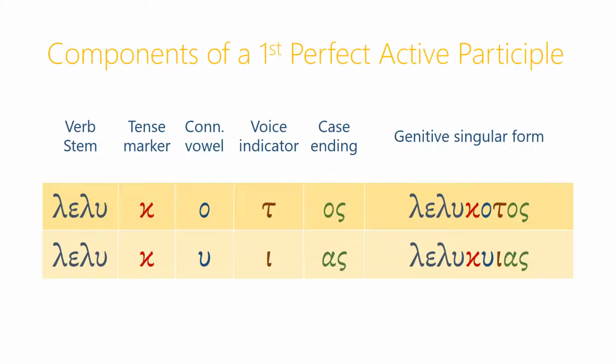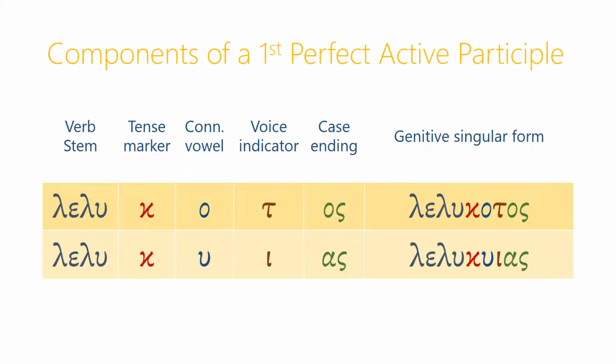The connecting vowel is either omicron in the masculine and neuter or upsilon in the feminine. And then we have very short voice indicators for the perfect. Instead of the nu tau that we had with the aorist and present, we just have the tau. The nu has disappeared.